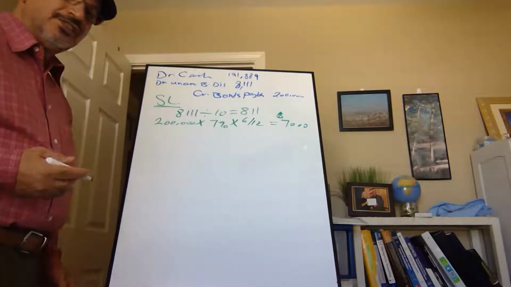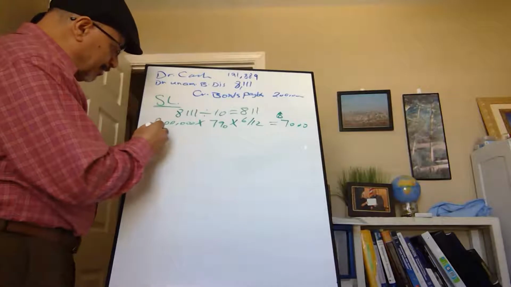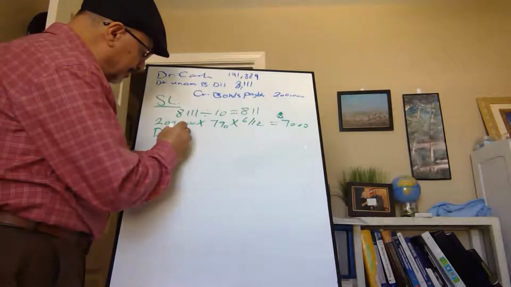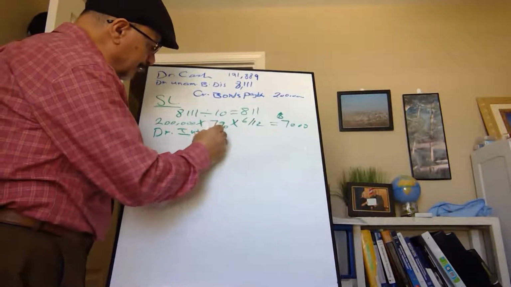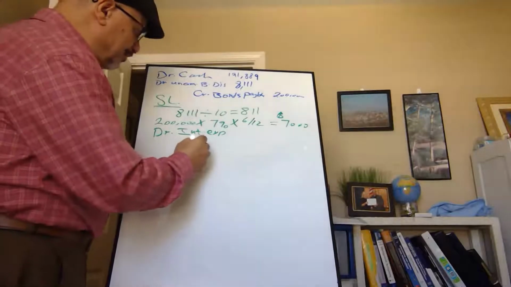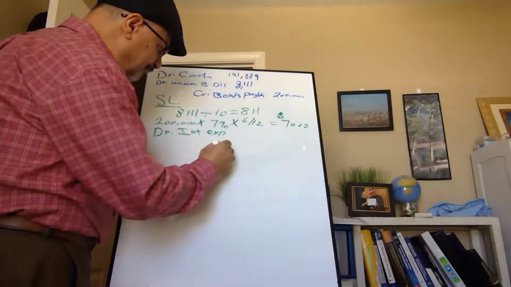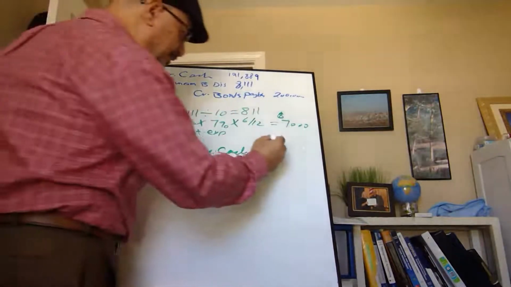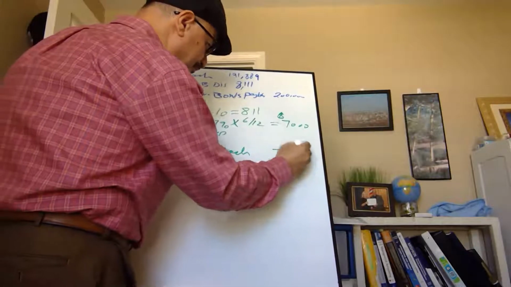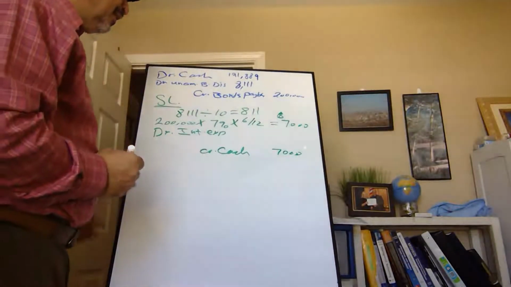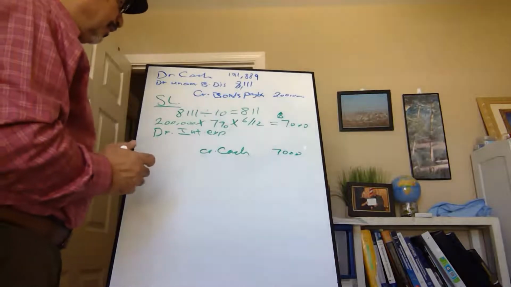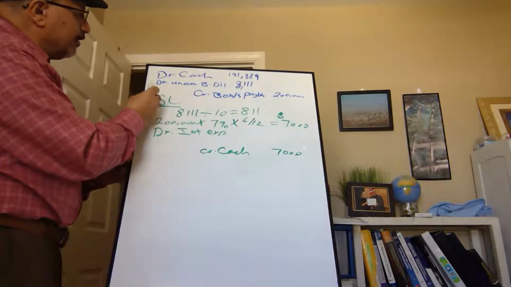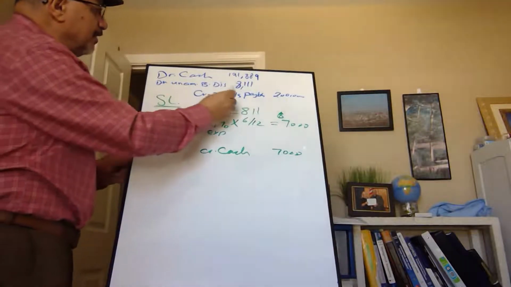So the first interest payment is going to be, we're going to debit interest expense, and we're going to credit cash. The cash, we know that we are obligated to pay $7,000. So originally, guys, the unamortized bond discount has a debit balance.